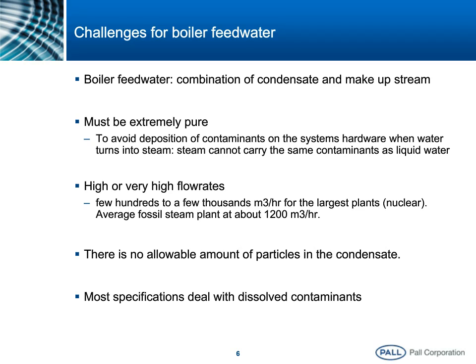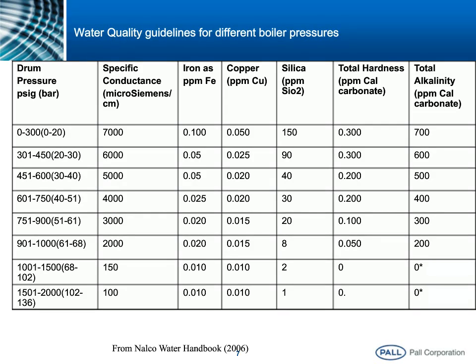Now, to illustrate this point, here you see a very basic table taken from a very well-known water treatment company's handbook. It shows that depending on the drum pressure, in this case we're looking at drum boilers, you're going to be looking at more stringent contamination specifications.